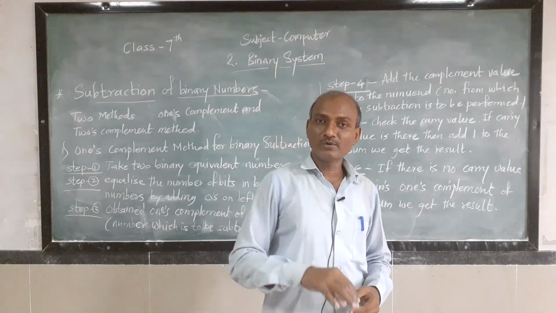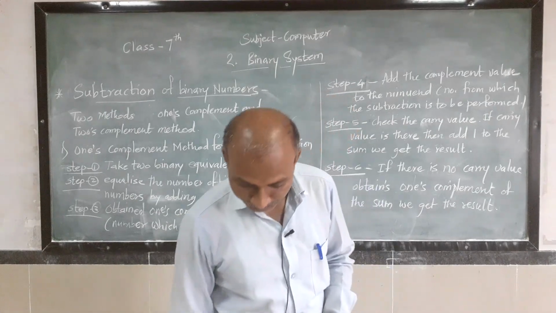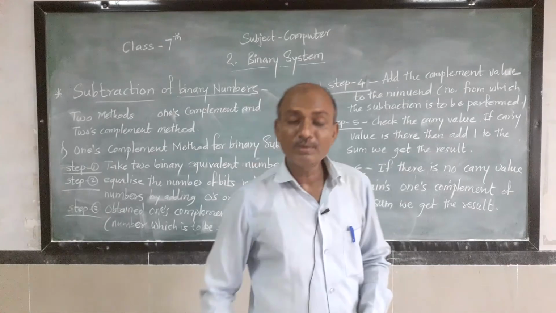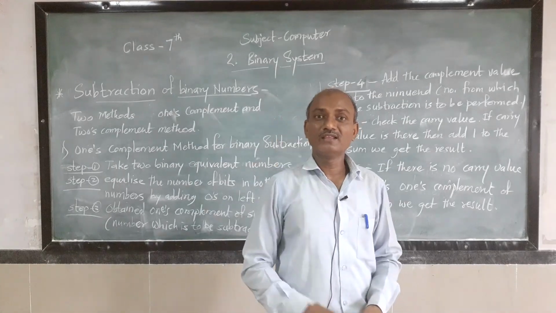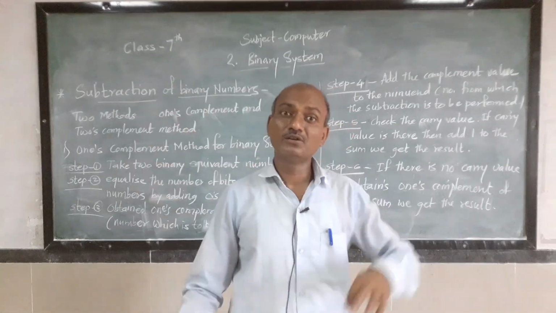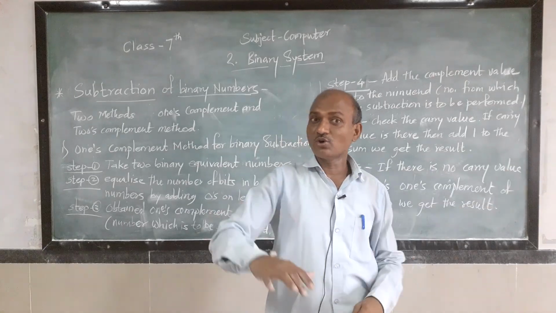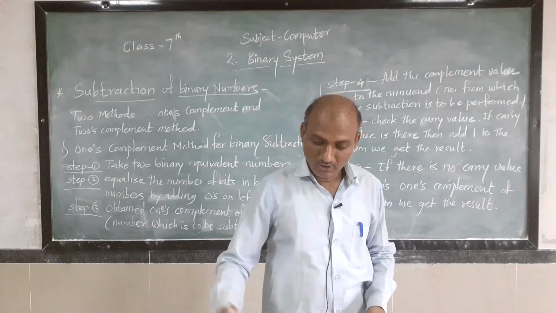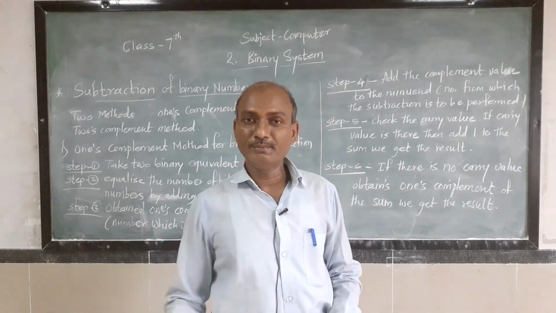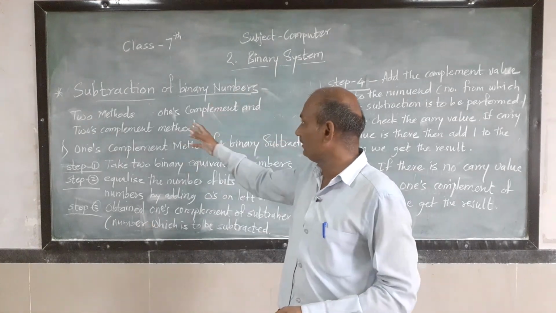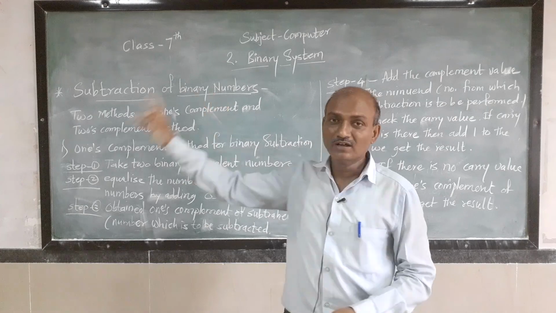For that purpose, we have to find the complement of the second binary number and then add that to the first number. That is called the subtraction of complement method, or subtraction of binary numbers.